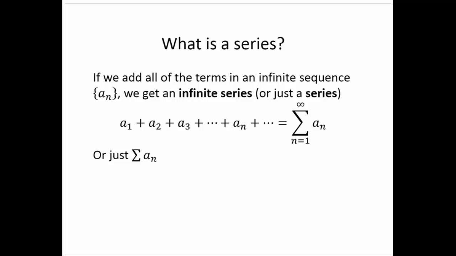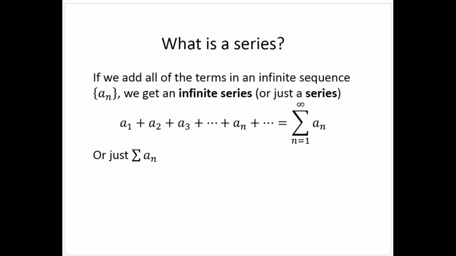Many people use the terms sequences and series interchangeably, but they are in fact different things. If we add all of the terms in an infinite sequence, we get an infinite series, or just a series. So we need to understand that a series is in fact a sum of the sequence.